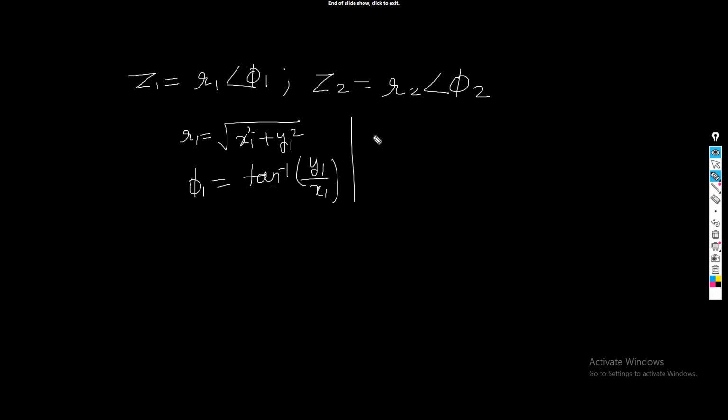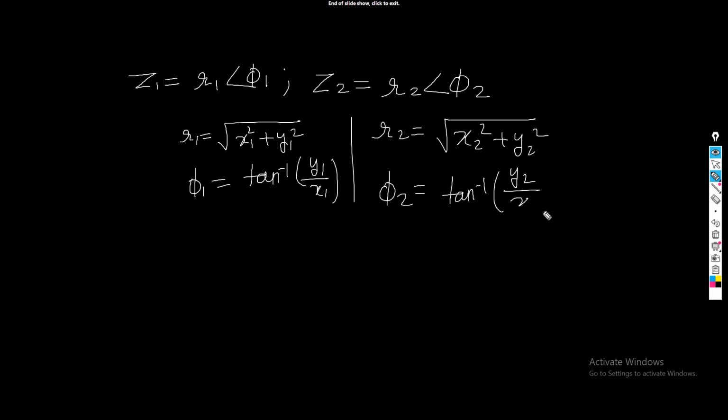For the complex number z2, r2 is calculated as under root of x2 square plus y2 square, and phi 2 is calculated as tan inverse y2 by x2. So after calculating these values from the rectangular complex numbers, we can apply division and multiplication.